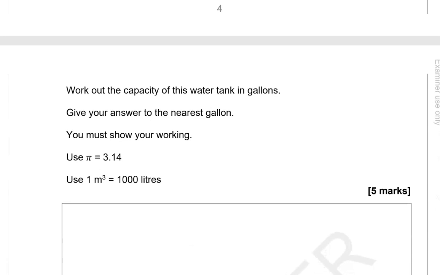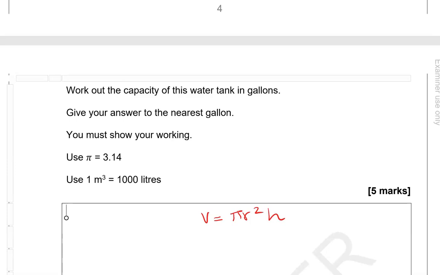To work out the volume of the cylinder, we use the formula pi r squared times height. Now pi, we've been told to use 3.14, so that's what we're going to use, and then multiply by radius, which was 0.7, squared, times the height, which was 3 meters.